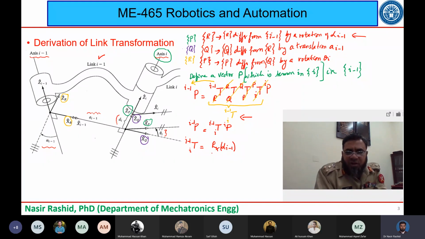So I have just written down this is rotation about x by an angle alpha I minus 1.